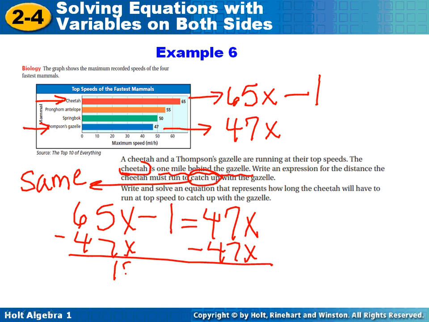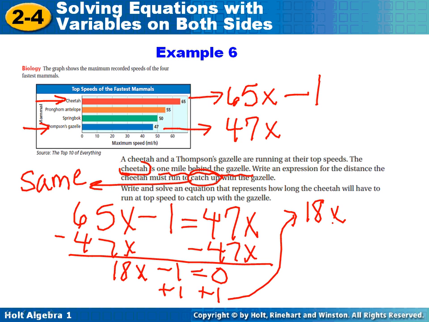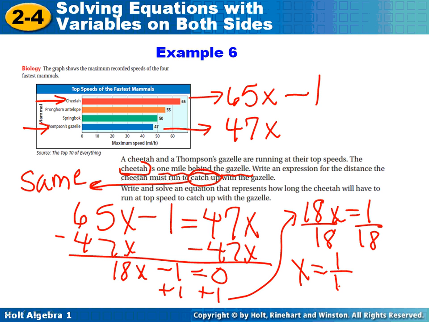That leaves us with 18x minus 1 equals 0. I'm going to move the 1 to the other side. So 18x is equal to 1. Dividing by 18, the final answer is x is 1/18 of an hour. I figured that out, and just so you know, that's about 3.5 minutes.